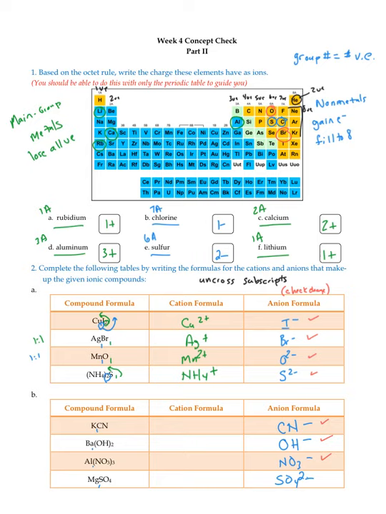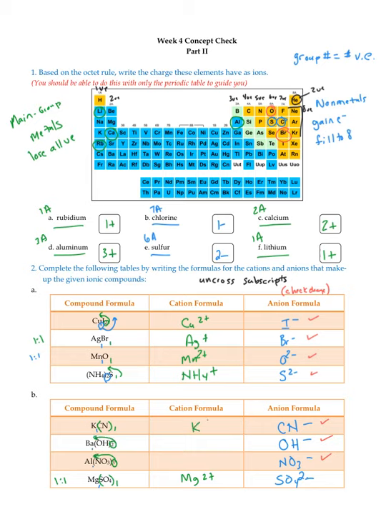And so again, with that in mind, my magnesium must be 2 plus. Again, this is a 1-to-1 ratio. If you don't have parentheses around your sulfate, that means there's only one of them. Same thing with my CN, there's only one of them. If there's a parentheses, the subscript on the outside came from the charge on the metal.